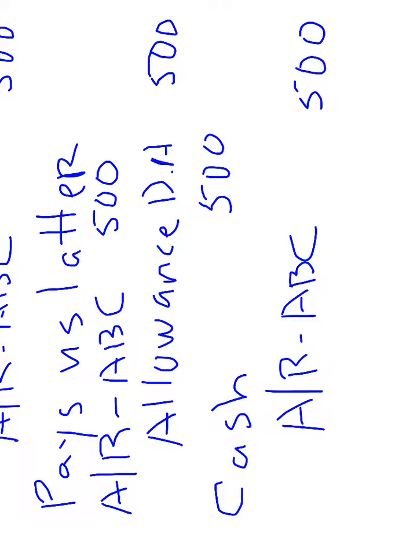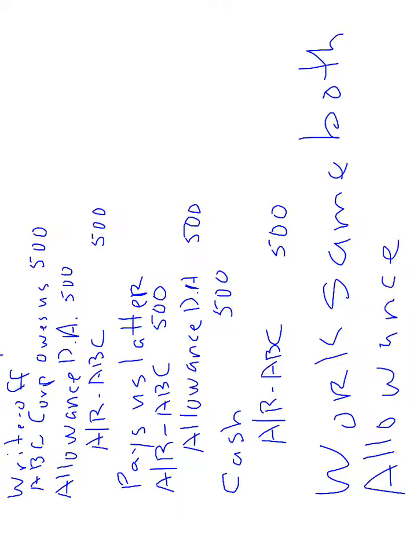So these entries do work the same for both allowance methods. The actual entries that you're going to make are not going to change no matter which allowance method you are using.